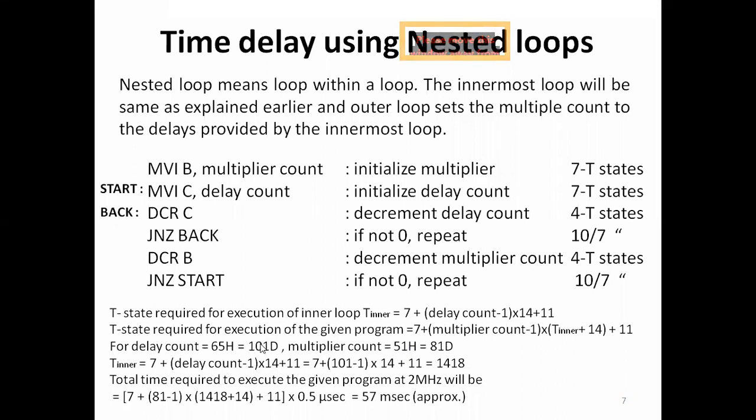With delay count 101, we get T inner as 1418. Then putting the value of T inner into the second equation, we get 7 plus (81 minus 1) times (1418 plus 14) plus 11, multiplied by 0.5 microsecond, considering that the operating frequency of the microprocessor is 2 megahertz. It comes to approximately 57 milliseconds.